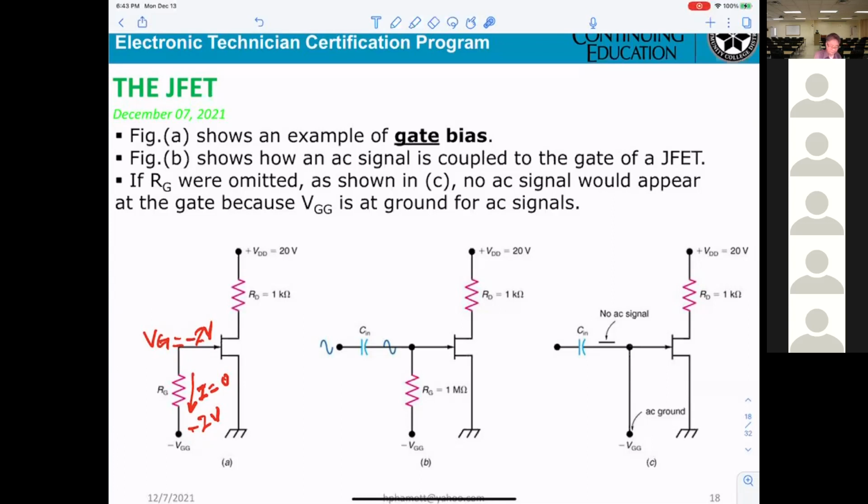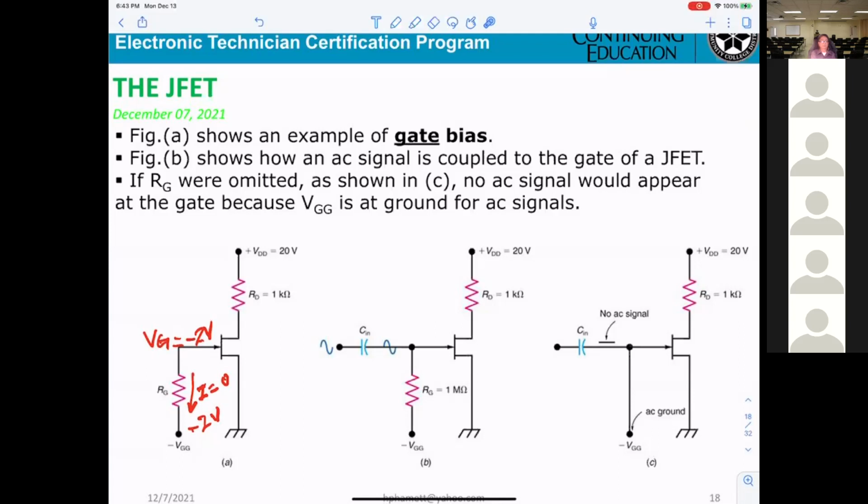So the resistor, we can treat that like a regular straight piece of wire then, correct? Now, it's still a resistor, not a wire. A wire would be resistor-less. If RG were omitted, so it's technically no resistor, so technically it's still -2 volts.